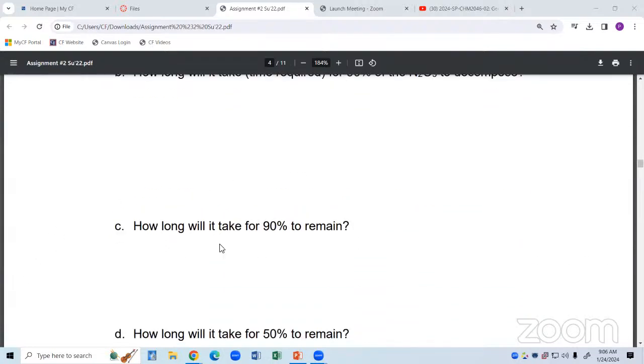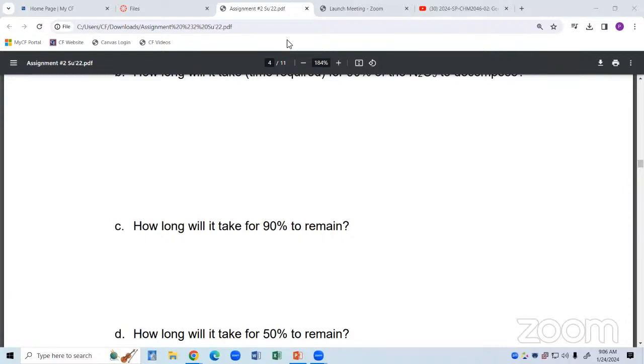Okay. So if you understood what we did in B, you should be able to understand what we do in C, right? Because in C, they're asking how long will it take for 90% to remain? So how would you deal with this one? It's the same equation.